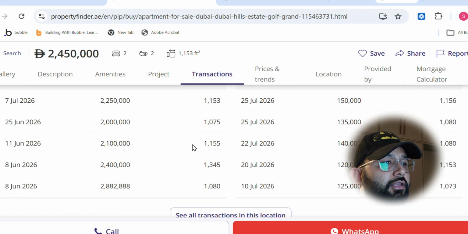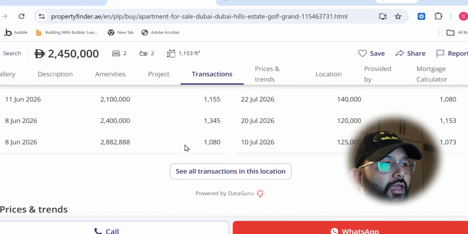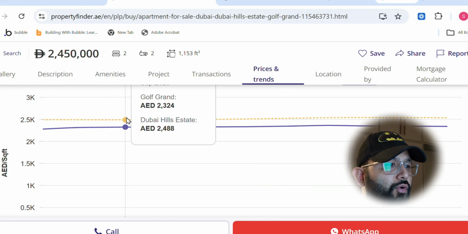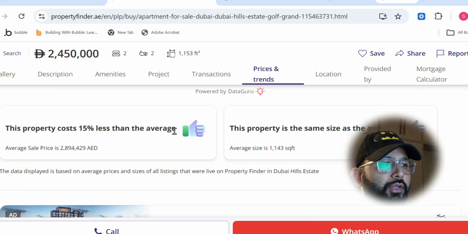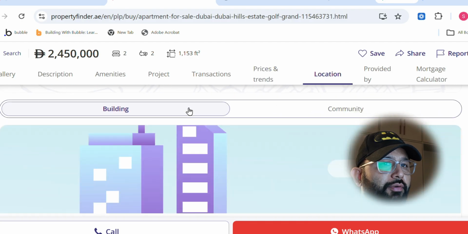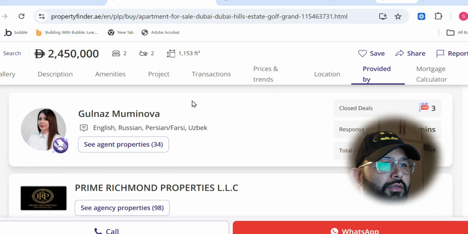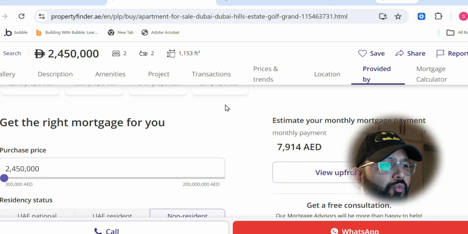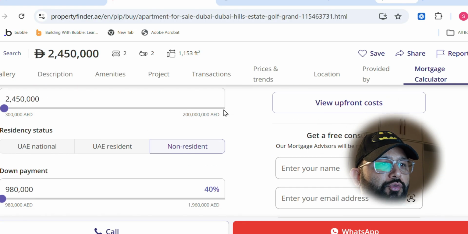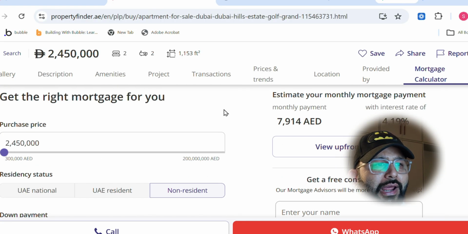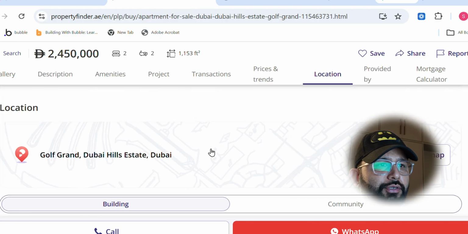Okay, so let's see some of the historical figures. A similar property in this area was sold for around 2.2 million dirhams, so the asking price is a bit high right now. And 2 million dirhams, 2.1 million dirhams, 2.4 million dirhams. The price is varying because of the square feet, which varies from 1100 square feet to 1300 square feet.